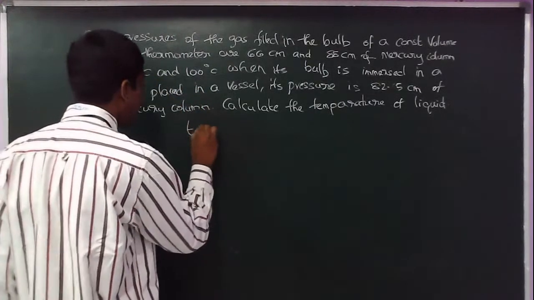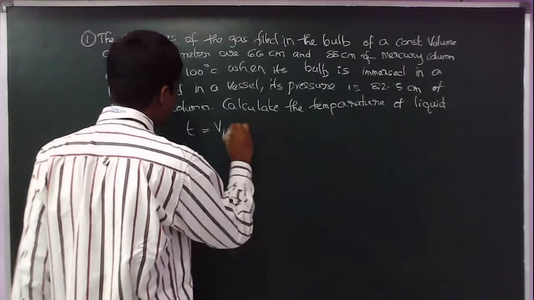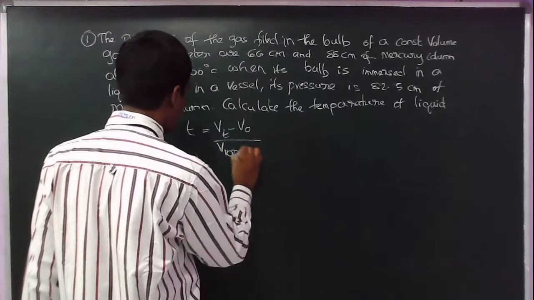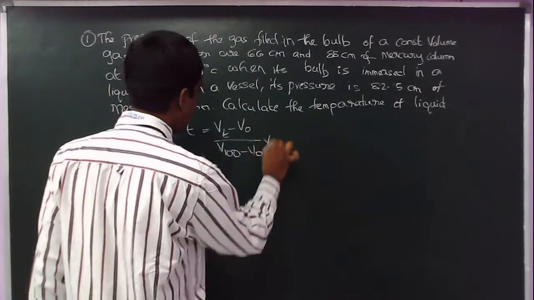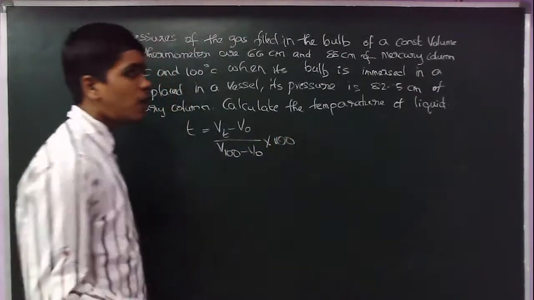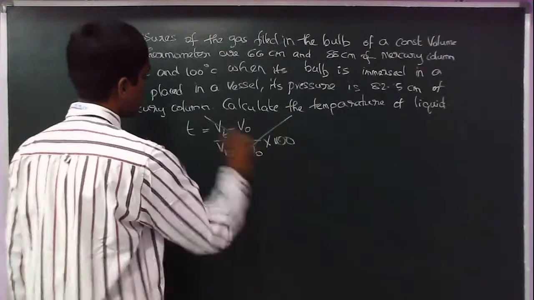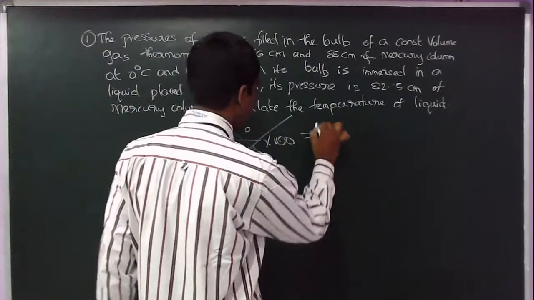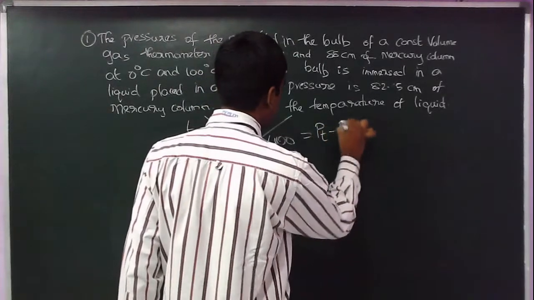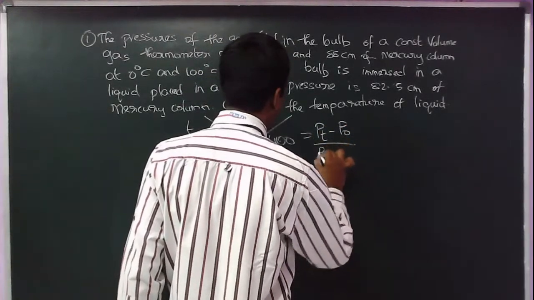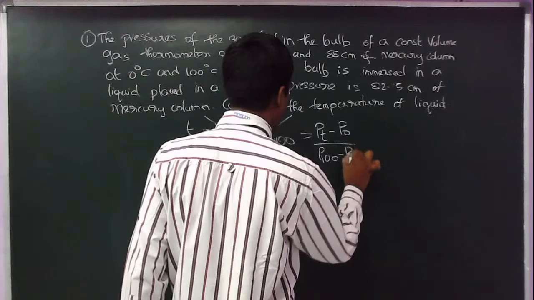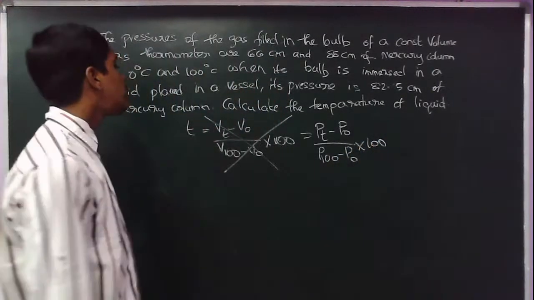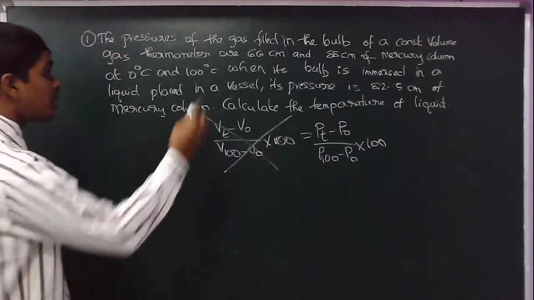So the temperature is Vt minus V naught upon V100 minus V naught into 100 degrees Celsius. So if you follow this, we will receive the temperature as Pt minus P naught upon P100 minus P naught into 100. So we will write down what they have given in the question.